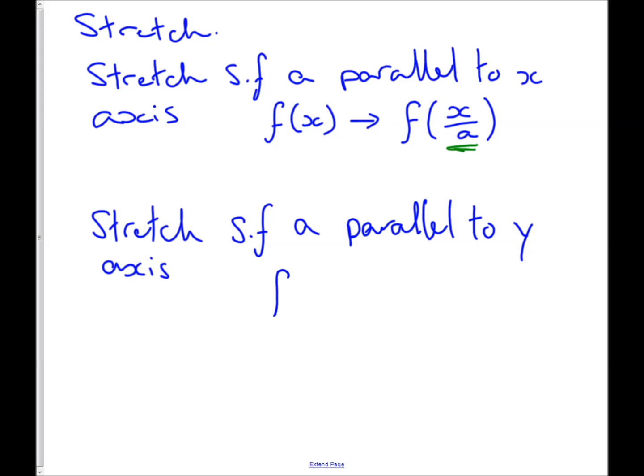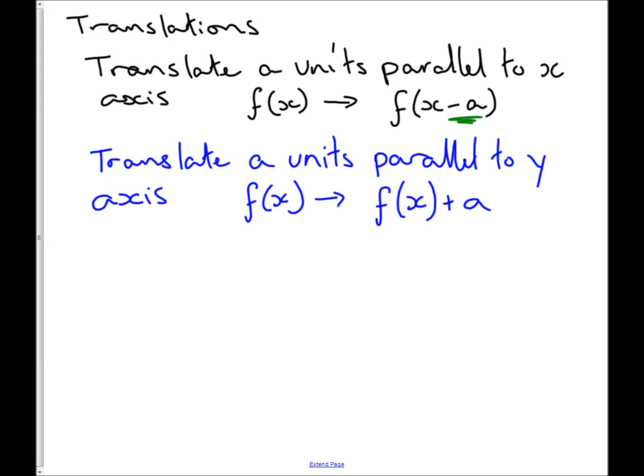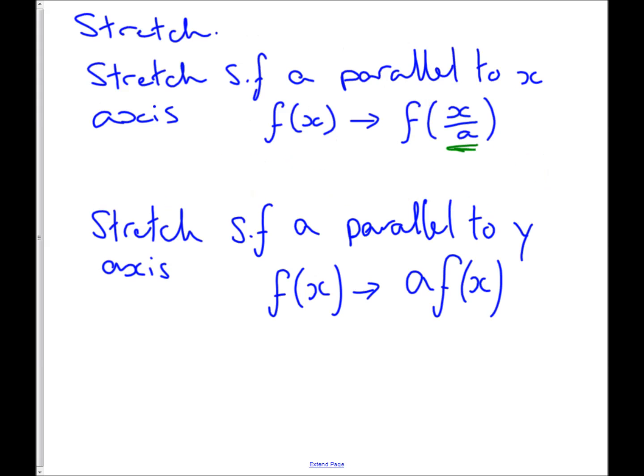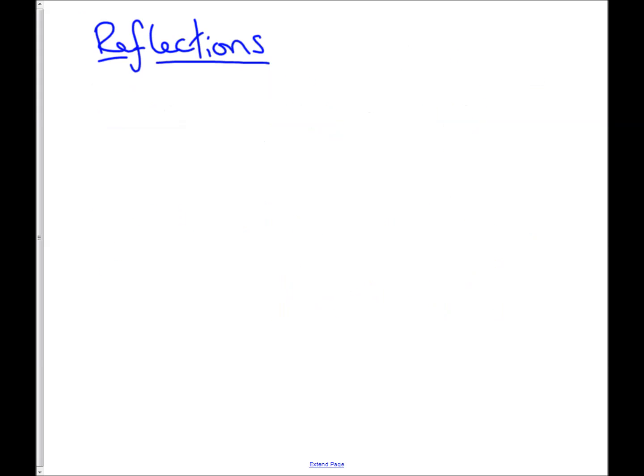So to do this, I'm taking my f of x, and I'm going to rewrite it as a times f of x. And then the last 2 transformations that we need are reflections. And reflections are different. For the translations, the things to do with the x-axis were inside the brackets, and the things to do with the y-axis were outside the brackets. The same with my stretches. To do with the x-axis was inside the brackets, to do with the y-axis is outside the brackets. Reflections are the opposite.